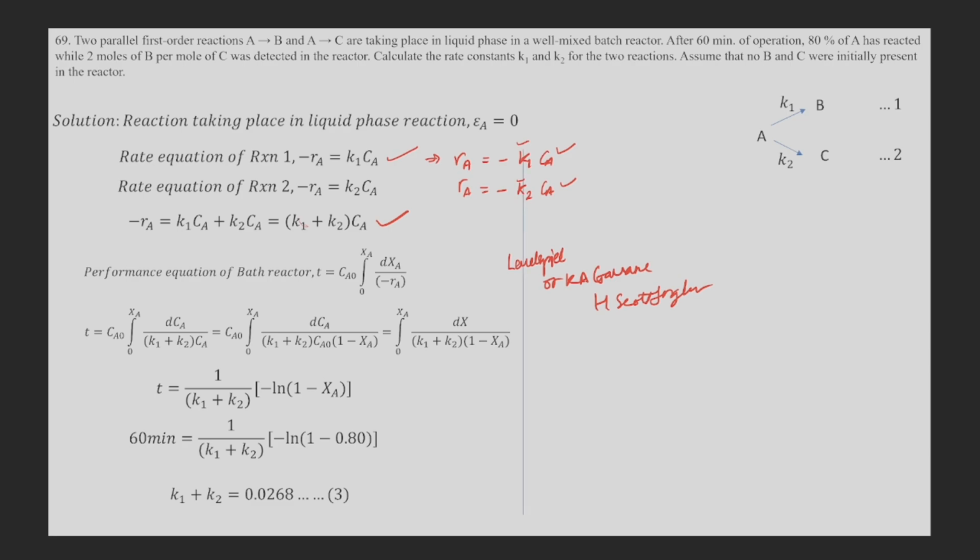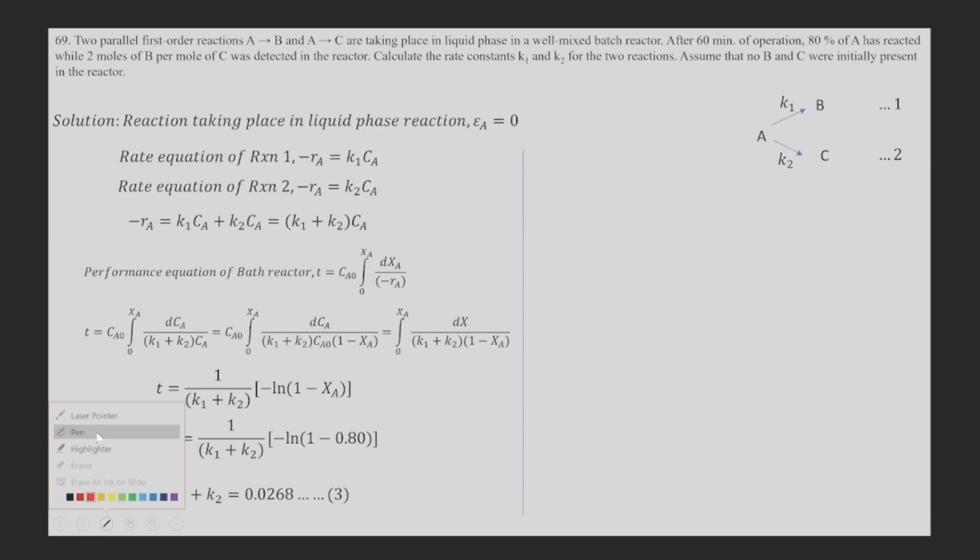Now, moles of B per moles of C is equal to 2. If I divide by volume of the reactor, moles of B divided by the volume of the reactor, moles of C divided by the volume of the reactor, what will I get? Concentration of B, because mole per meter cube is concentration. Similarly, for moles of C divided by volume, we will get concentration of C. Now in this step I have divided moles by volume of the reactor.